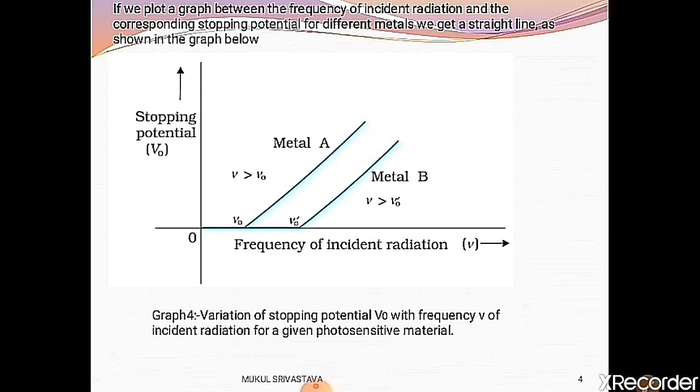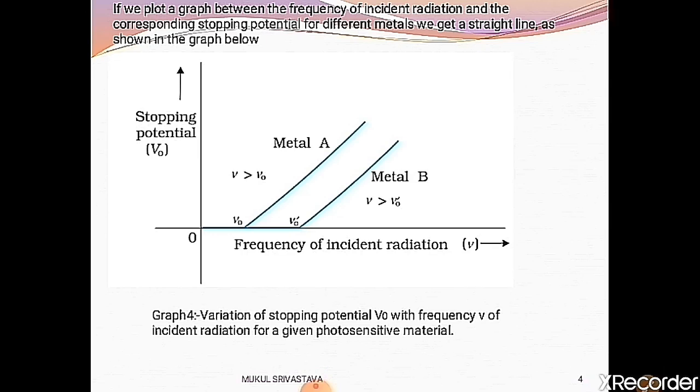Now if the frequency nu of the incident radiation is lower than the cutoff frequency nu naught, no photoelectron emission is possible. I'm talking about a general value of nu, which represents the frequency of the incident radiation.